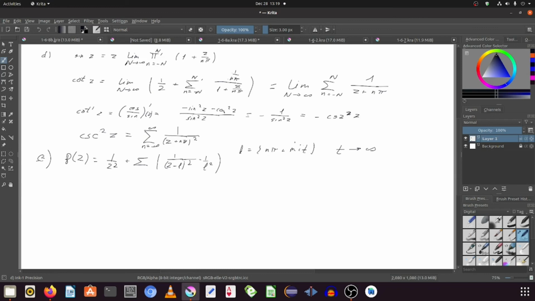Then all the lattice points with a large imaginary part will uniformly tend to 0, so they vanish. So we only have the sum for the real values of L contributing n pi.